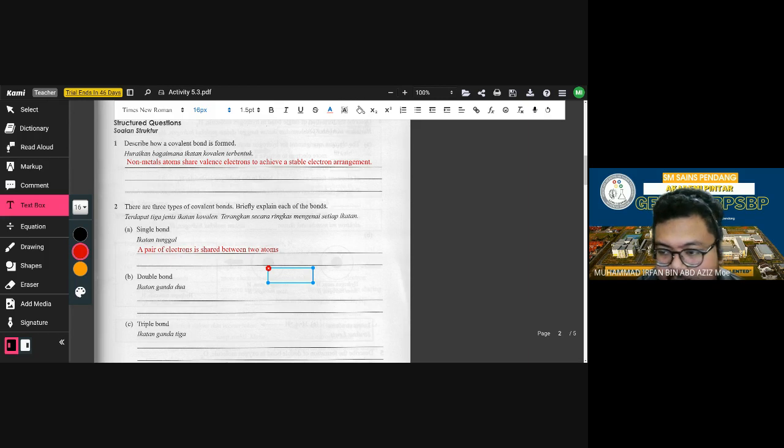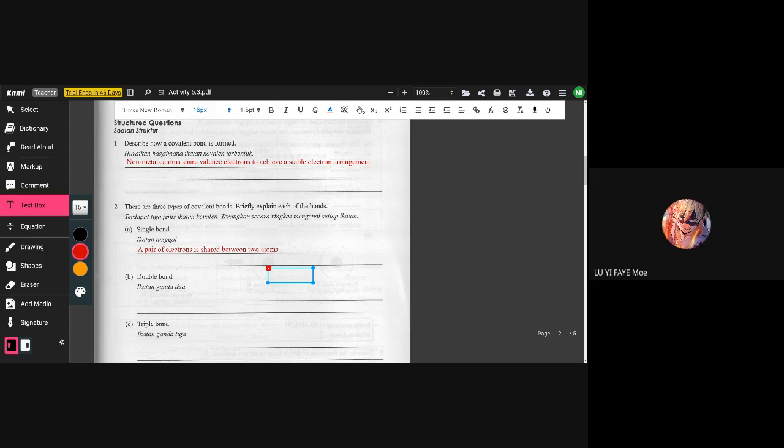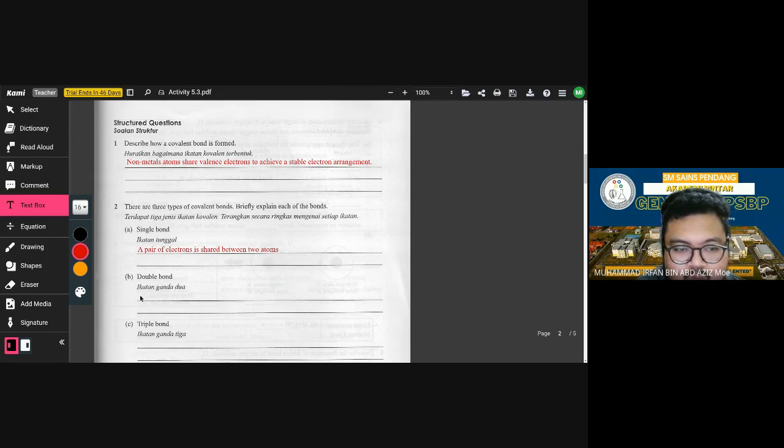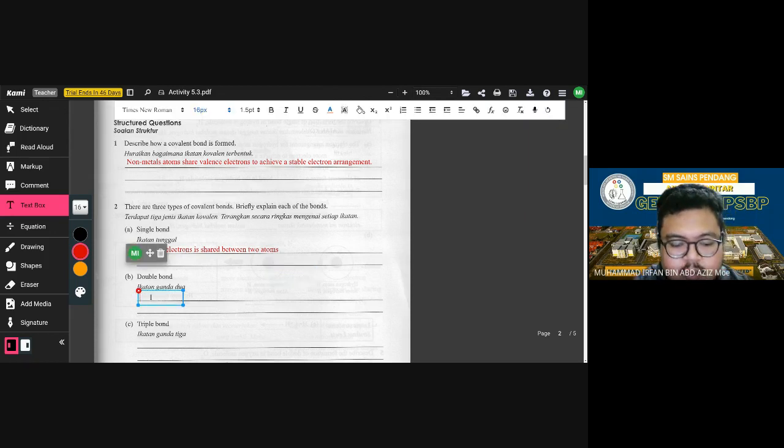How about double bond? Two pairs of electrons are shared between two atoms. Just change it and add two pairs.